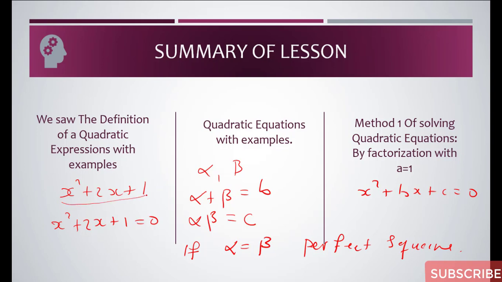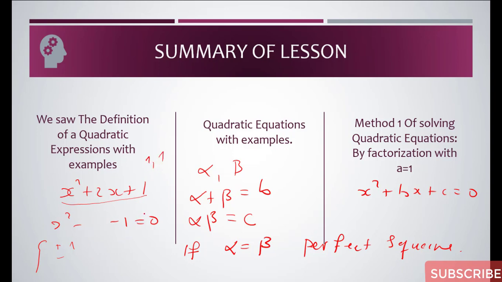X squared plus 2x plus 1. So here we are simply supposed to look for the factors of c, and we observe that c is 1. The factors of 1 is simply plus or minus 1. So we are looking out for two numbers that when we multiply we have 1 and when we add we have 2. So those numbers are simply 1 and 1.